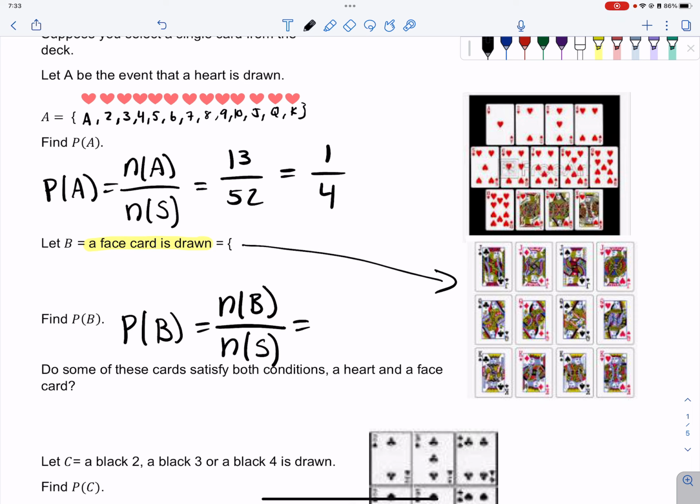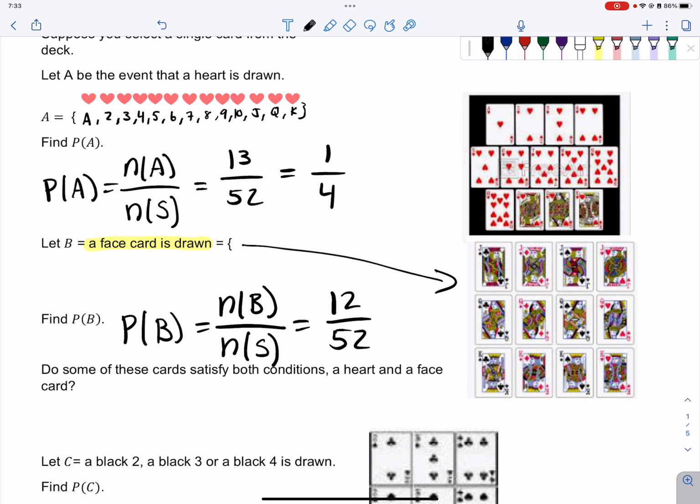So now, how many different cards do I have in event B? Well, I can count that up over on the right. We have 12 different cards there out of the 52 cards in the deck. And now we could simplify this fraction. I'm going to skip that for now, but you could reduce it to its lowest terms.